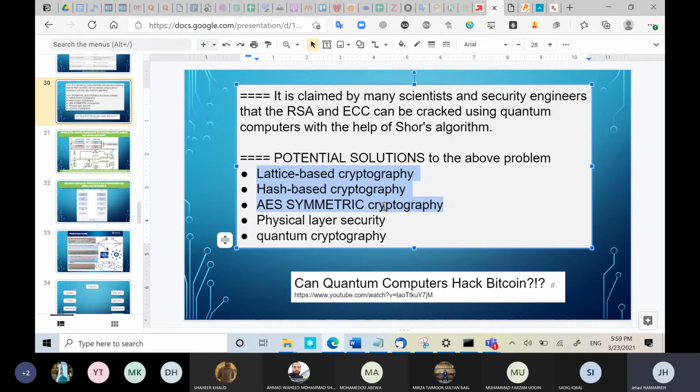And whenever you come up with a super powerful computer, you will be able to hack the algorithm and crack it. The main problem with quantum cryptography is that you still need to share a key, and to share a key you need a trusted party.